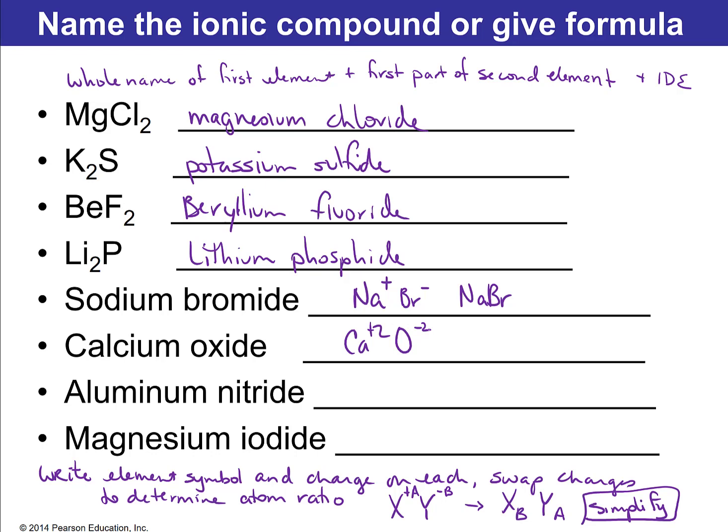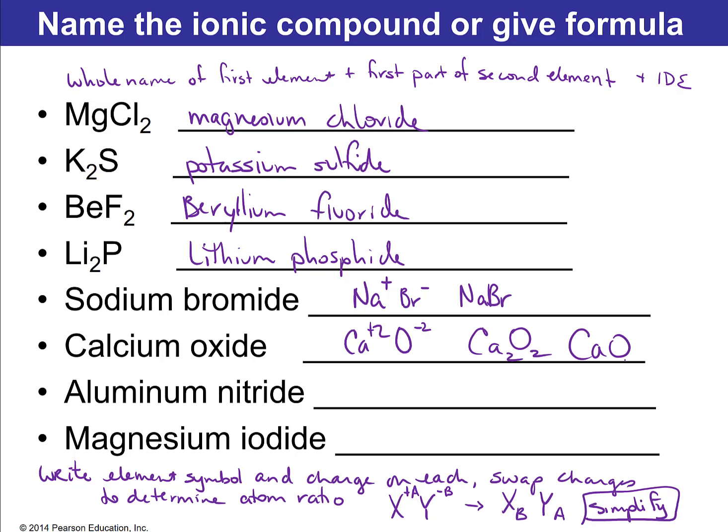Group 2A tells you it's a +2. Charge on oxygen, group 6A, so 6 minus 8 or 8 minus 6, whatever. You know that that non-metal is going to be negatively charged. So now what do we do? If you swapped, it'd be Ca2O2, and then simplify. So this one would just be CaO.